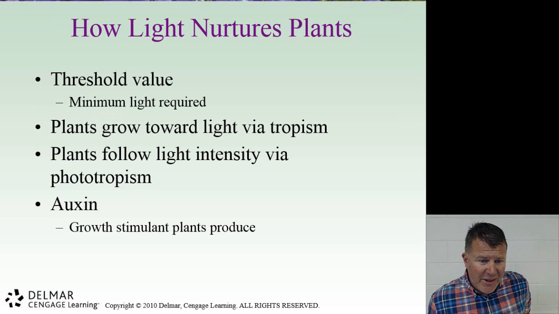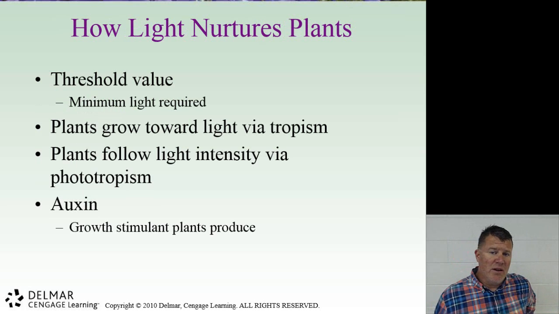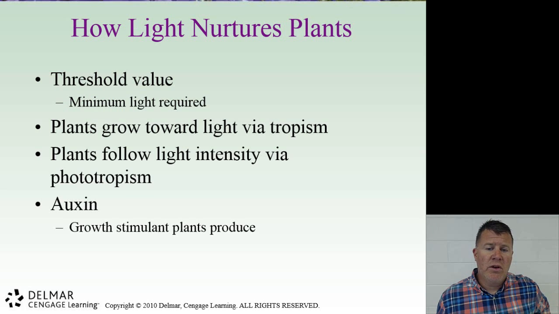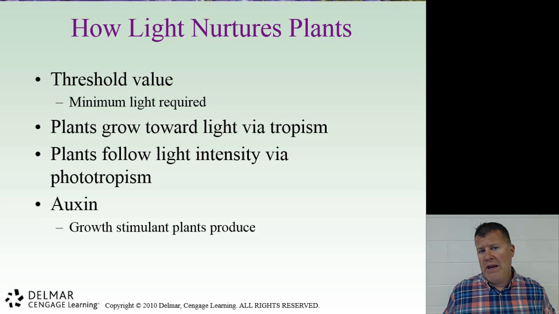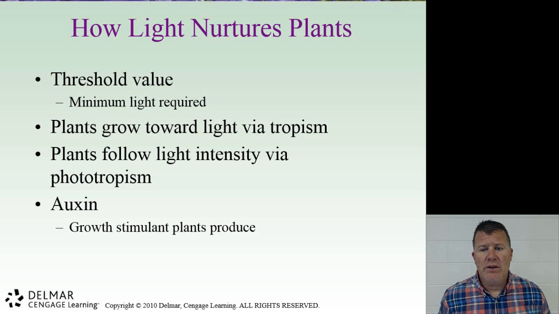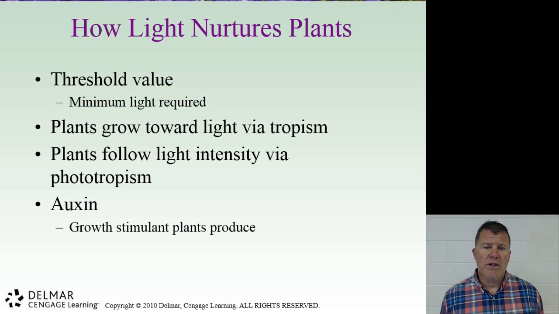How light nurtures the plants, there's a threshold value. What's the minimum light required? There's also a minimum darkness. Our chrysanthemums or our mums that we use in the fall for color, they've got to have so many hours of darkness so they can reset their buds. If not, they're only going to bloom one time, and then they're going to look kind of trashy.